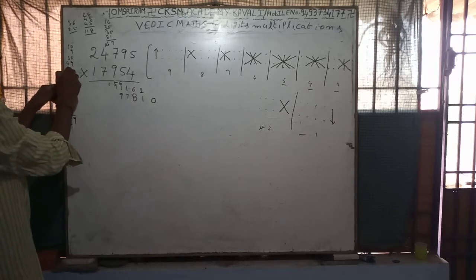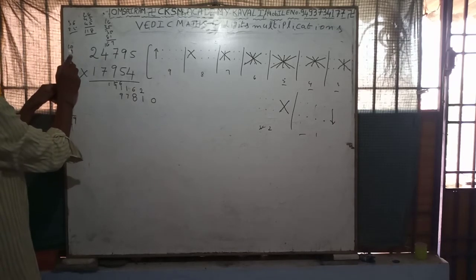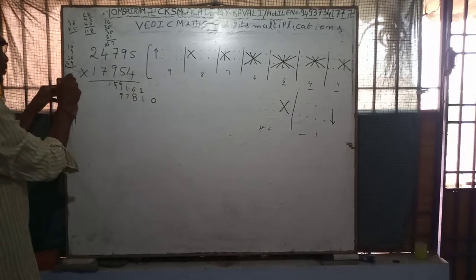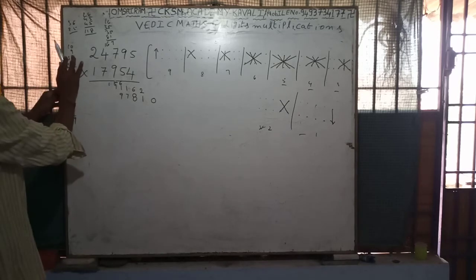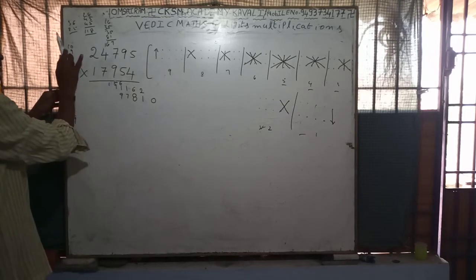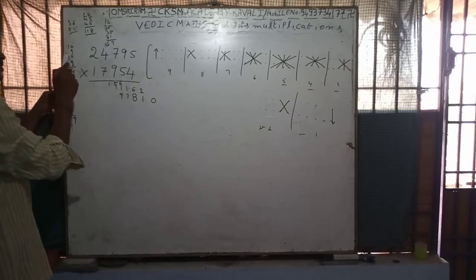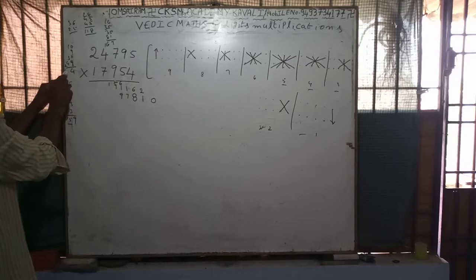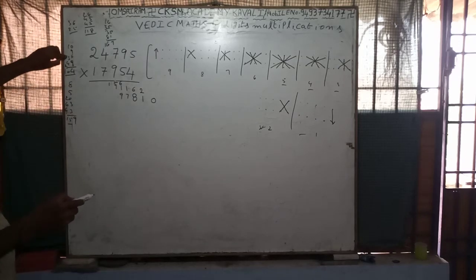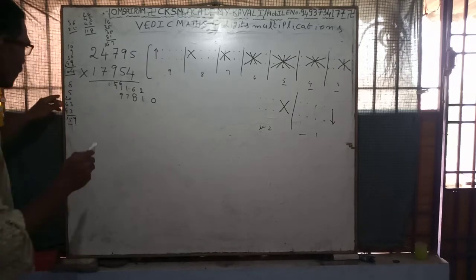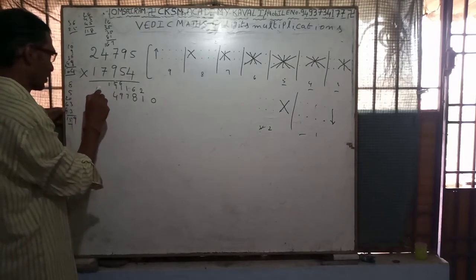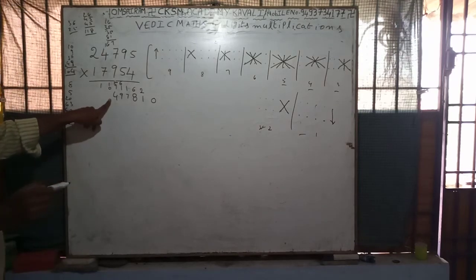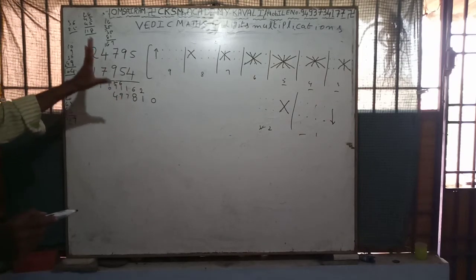So 9 plus 9 is 18, 19, 20, 24. 2 plus 4 is 6, 6 plus 4 is 10. 3 plus 1 is 4, 4 plus 4 is 8. So 104. Here we write 4, 1 and 0 here. So the 6th step is over.